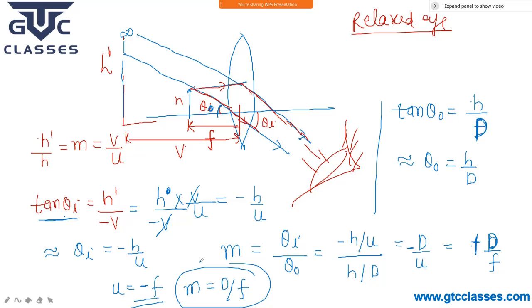What is the meaning of this? It gives something very interesting. It is telling us that when you have a stressed eye, then your magnification power in the microscope will be 1 plus D by f.